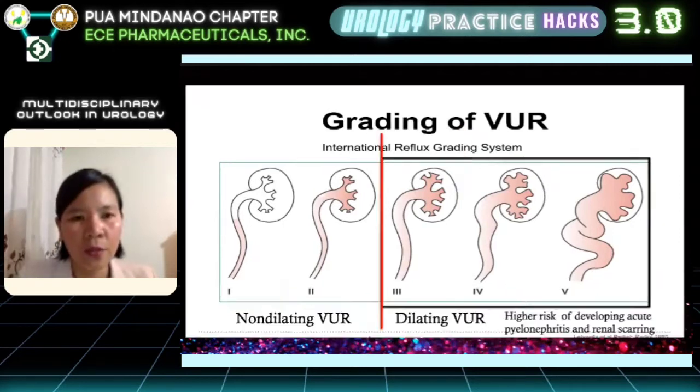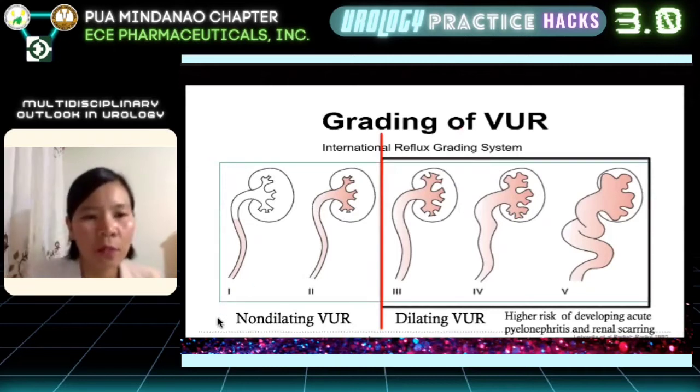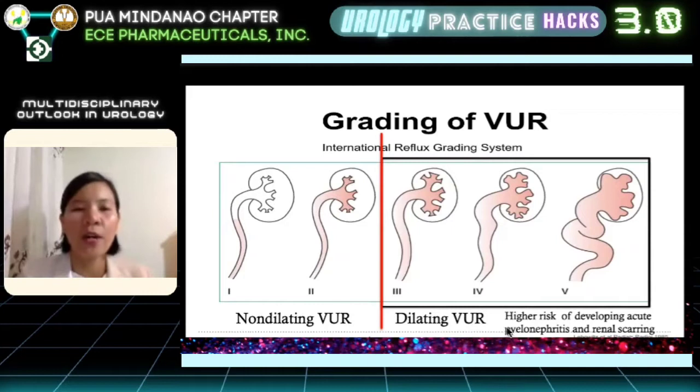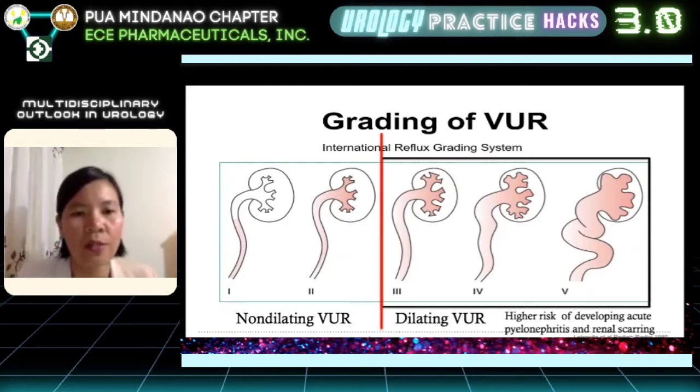But now a lot of studies have been made, and they now classify VURs into non-dilating VUR, which is grades 1 and 2, and dilating VUR, which are grades 3, 4, and 5. Because dilating VURs are the VURs that are at higher risk of developing acute pyelonephritis and renal scarring.